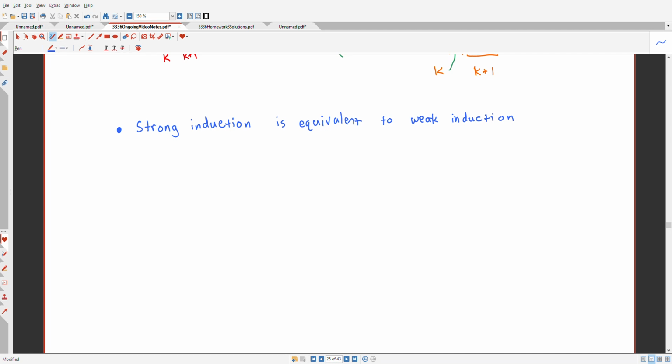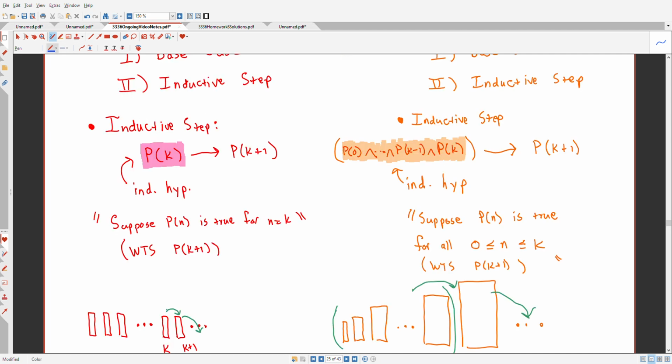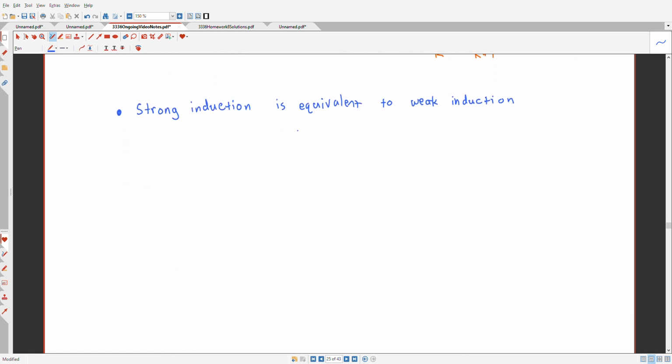So this sort of begs the question, since they're equivalent, when should we use one version over the other? And I'm going to give you an inelegant answer here.